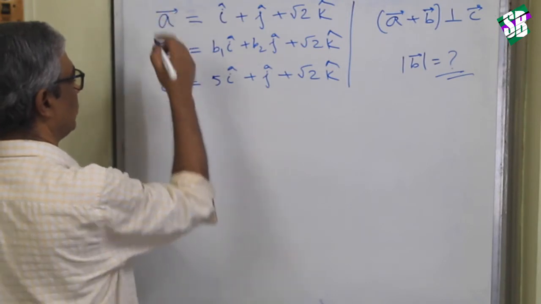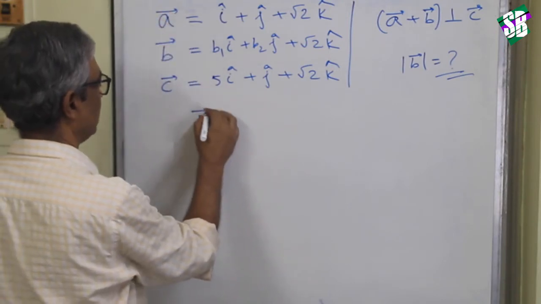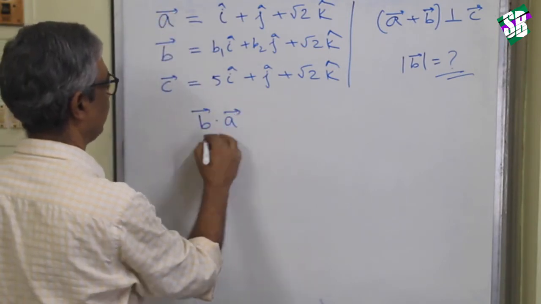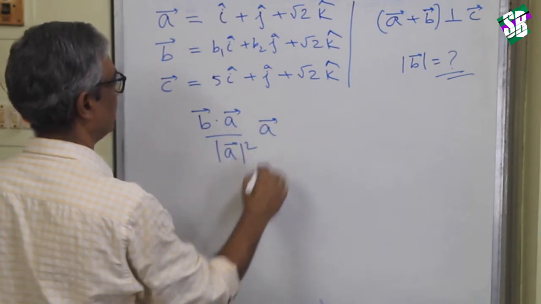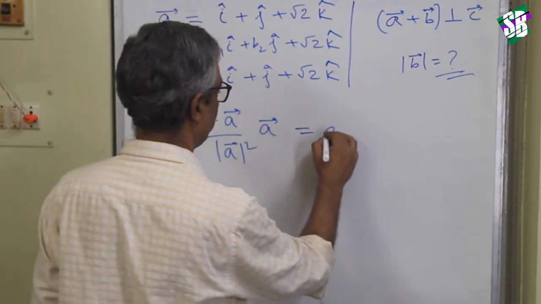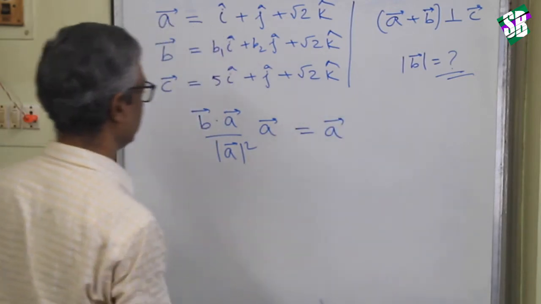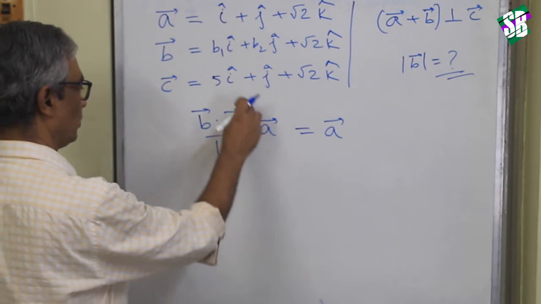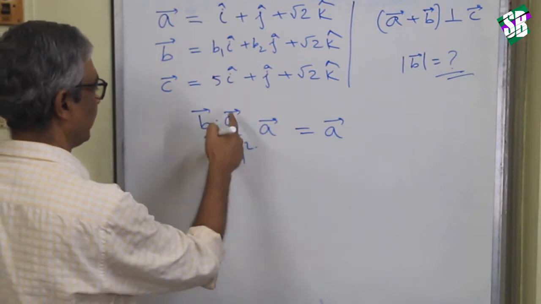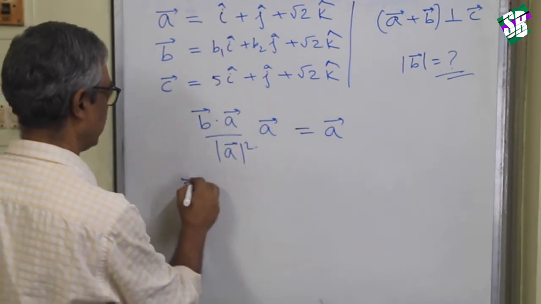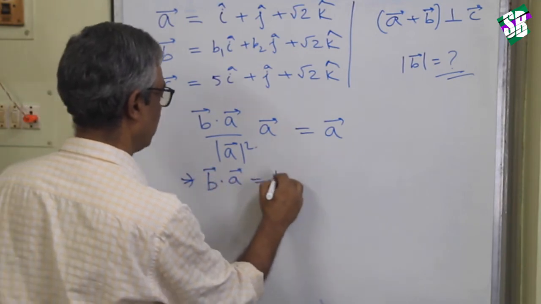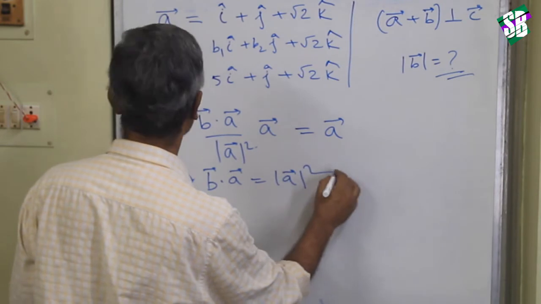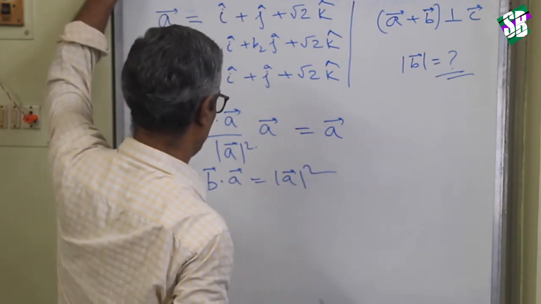Projection of B on A is (B dot A) by mod A squared, times A vector, and this is equal to A vector. This is given. This means that this factor is equal to 1. This means that B dot A equals mod A squared.